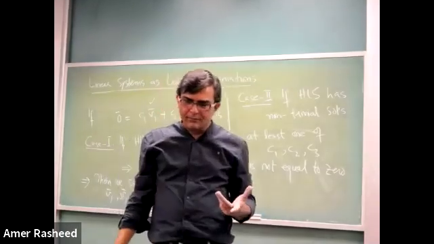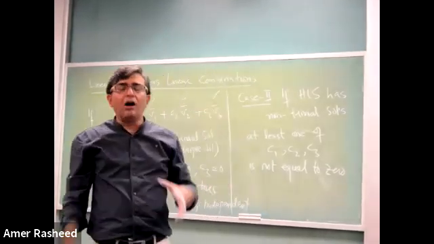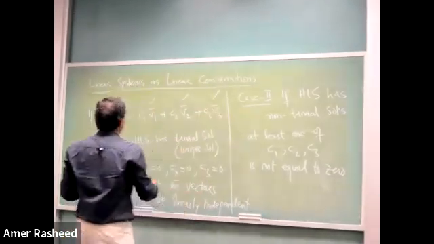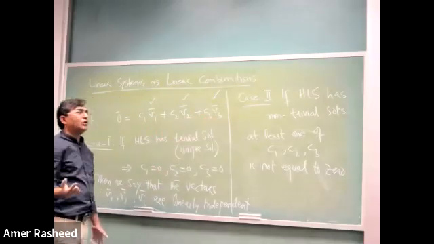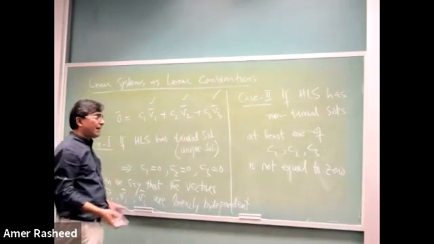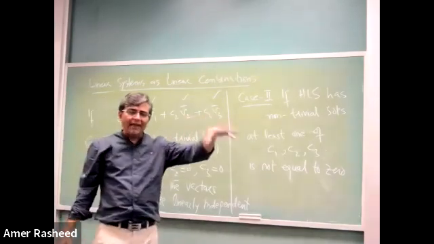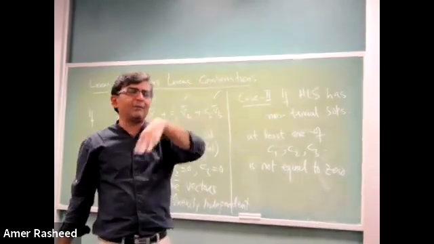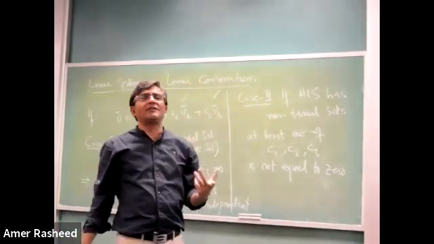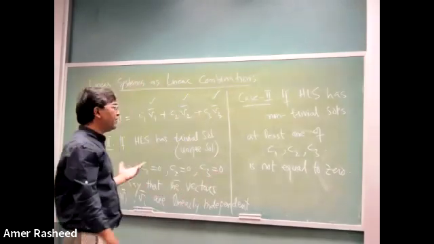Okay. So if you want to check whether these three vectors v1, v2 and v3 are linearly independent or not, you just put them in a matrix. Like we wrote v1, v2, v3 in A earlier, as three column vectors, you get a 3 by 3 matrix. If the determinant of that matrix is non-zero, then they are linearly independent.